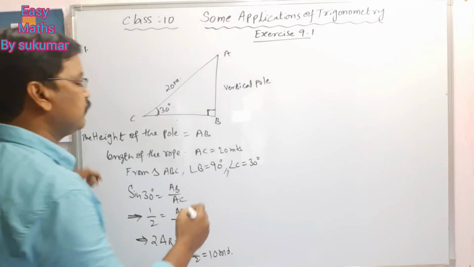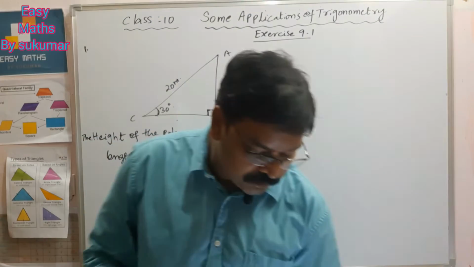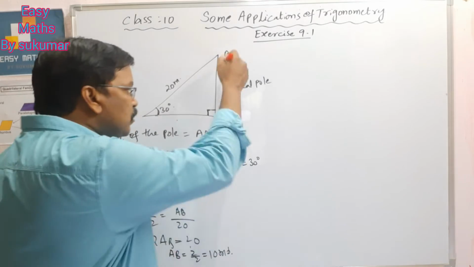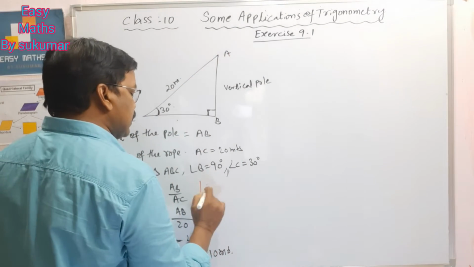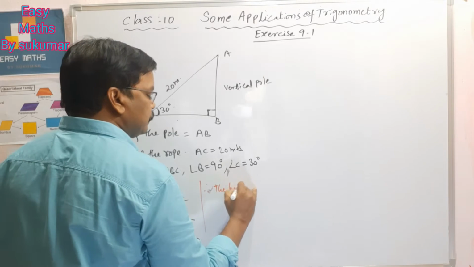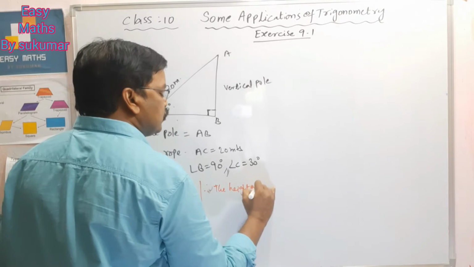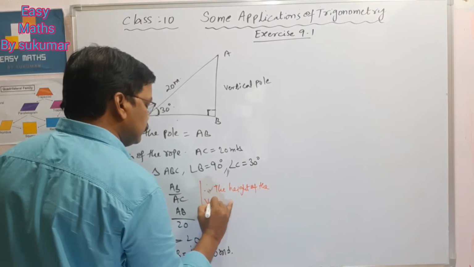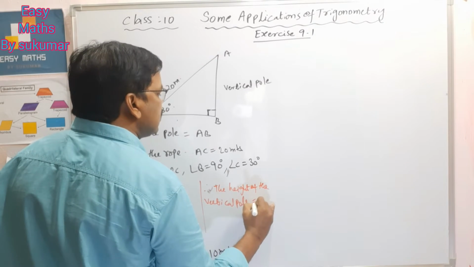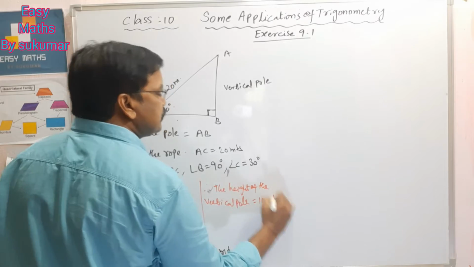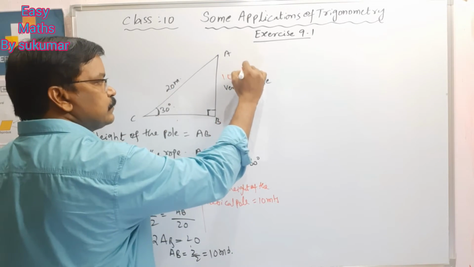Therefore, the height of the vertical pole is equal to 10 meters.